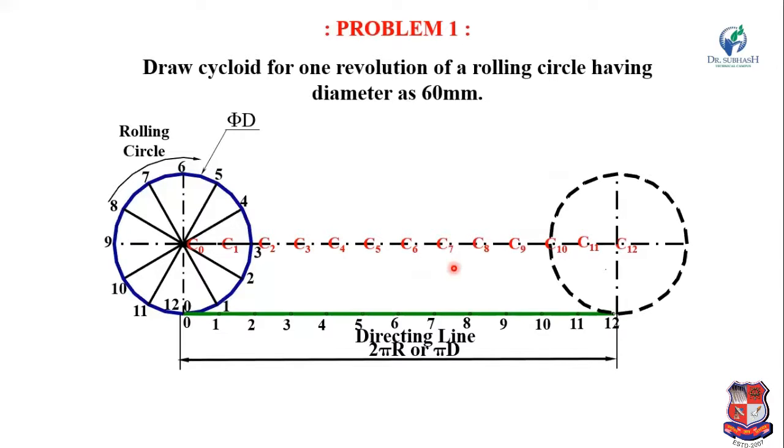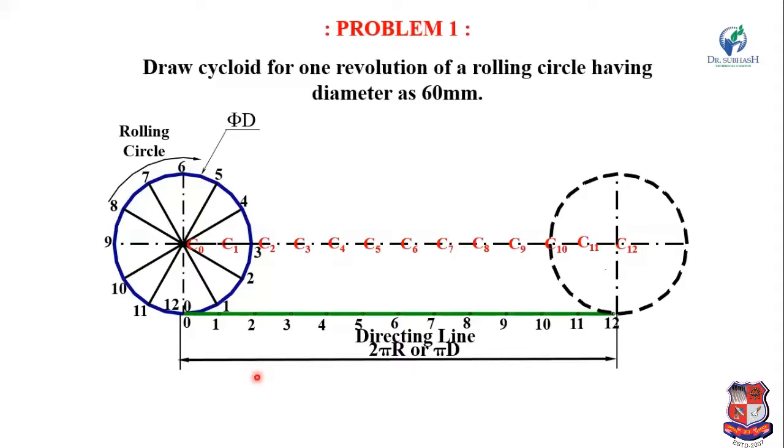Now when this circle rolls 1/12 of the revolution, the center C0 will reach C1, and this point 1 of the circle will match with point 1 on the directing line. Similarly, if it rolls 2/12, the center C0 will reach C2, and so on, up to the point C12.